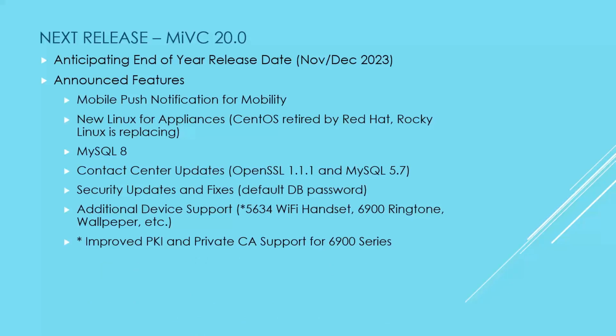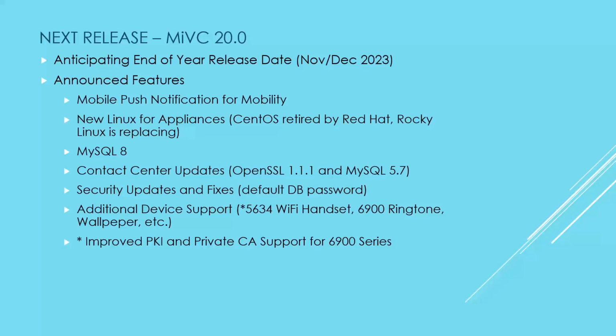Additionally, again, an asterisk on this one. It hasn't been fully committed yet, but we're hoping to get improved certificate handling on the 6900 series phones. Specifically, we don't have the ability to import certificates now into the 6900 series.